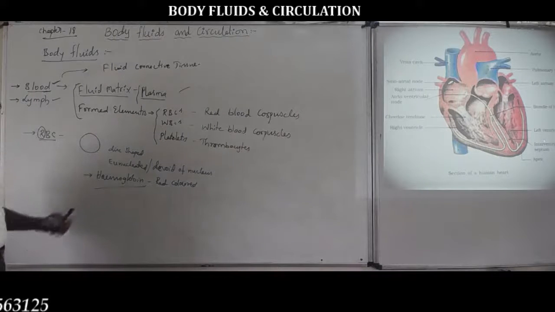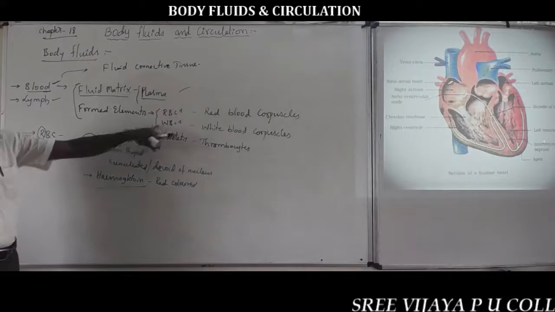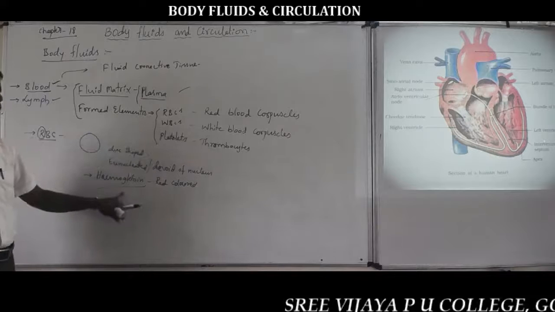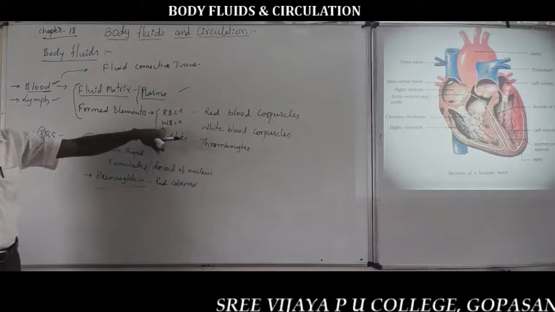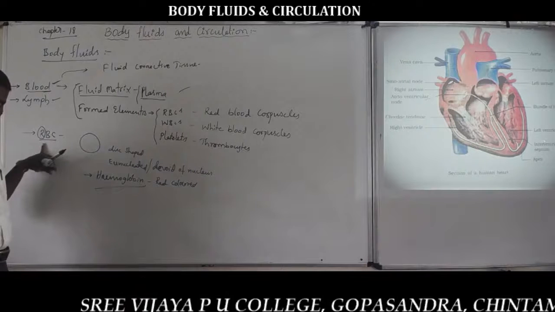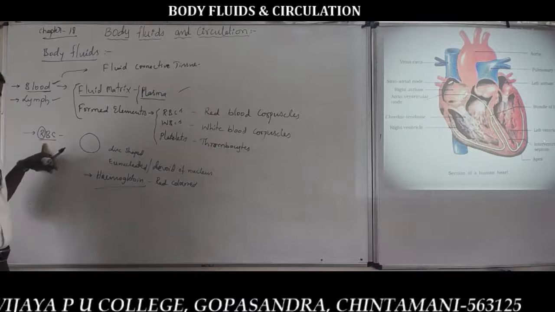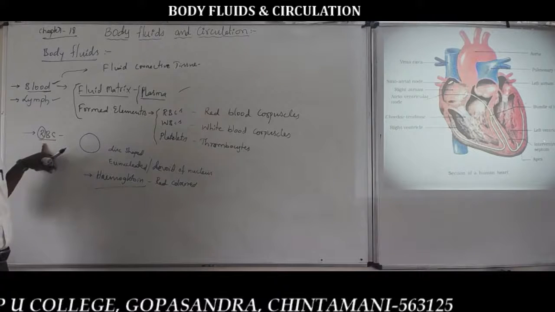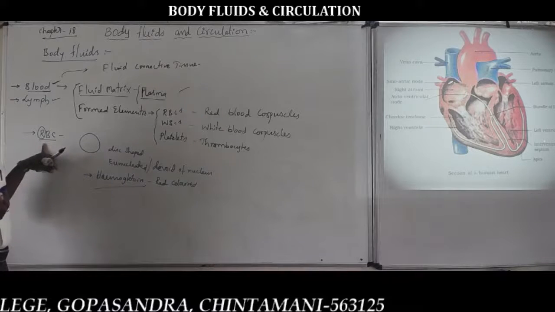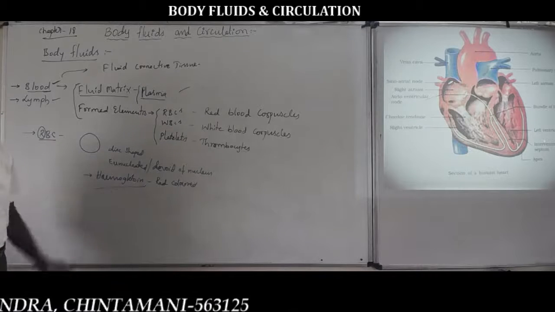In the absence of hemoglobin, the color is different, that is white. The WBCs, in which hemoglobin is absent, are white colored. RBCs give the red color to the blood, as blood is a red colored connective tissue due to the presence of hemoglobin.